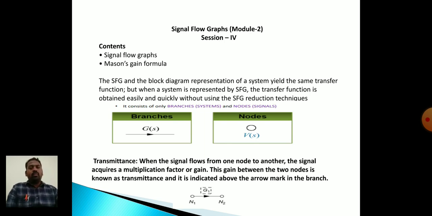So here we have branches and nodes. Regarding transmittance, when the signal flows from one node to another, the signal acquires a multiplication factor or gain. This gain between two nodes is known as transmittance, and it is indicated above the arrow mark in the branch.